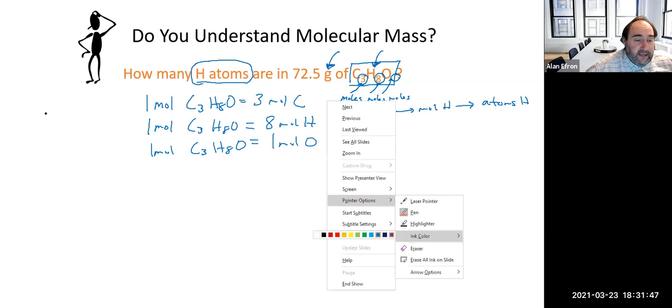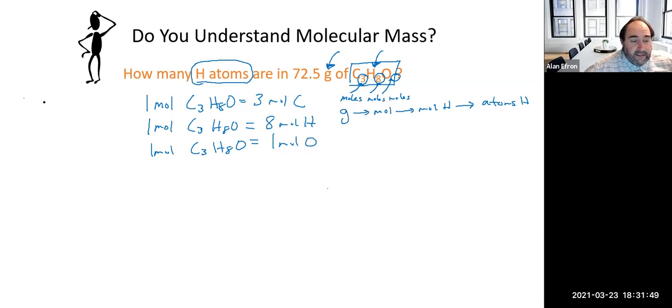So in this particular case, we have 3 carbons at 12.01 grams per mole. We also have 8 hydrogens at 1.008 grams per mole. We also have 1 oxygen at 16 grams per mole.